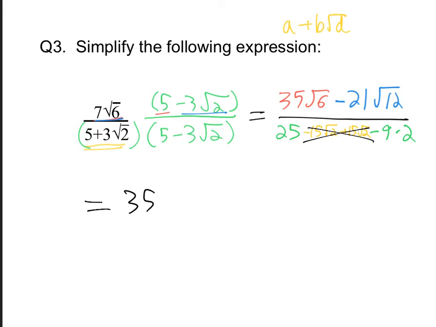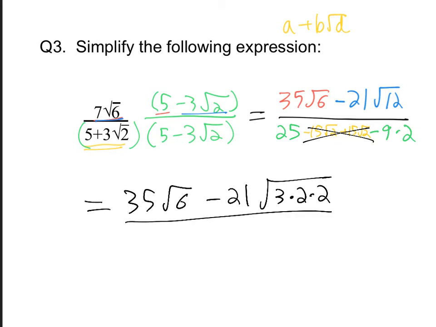So 35 root of 6 minus 21 times the root of 12. Well, 12 can be broken down into 3 times 2 times 2 using prime factorization. In the denominator, we have 25 minus 18.